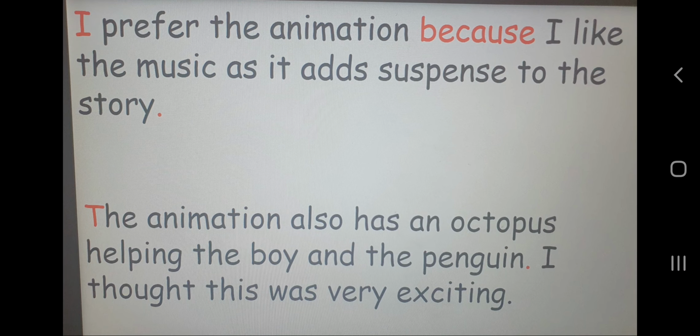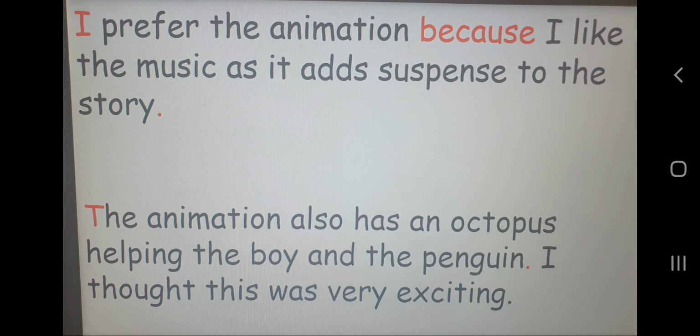Here we go. I've written down a couple of examples and I've remembered capital letters, full stops and joining conjunctions. Let's have a look. I prefer the animation because I like the music as it adds suspense to the story.